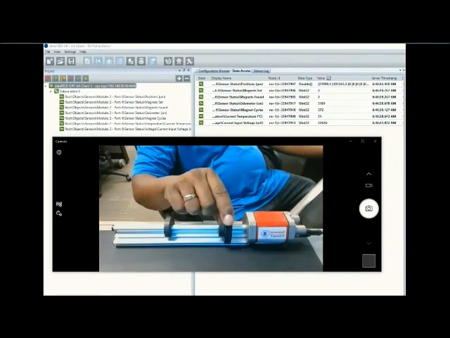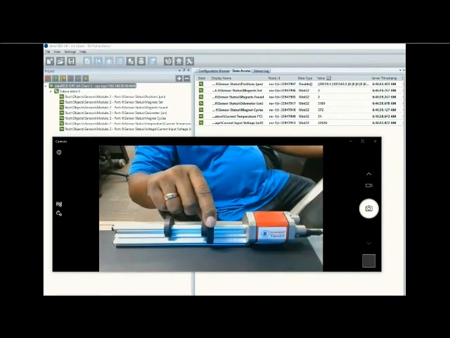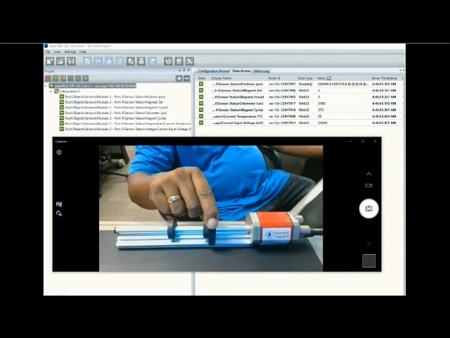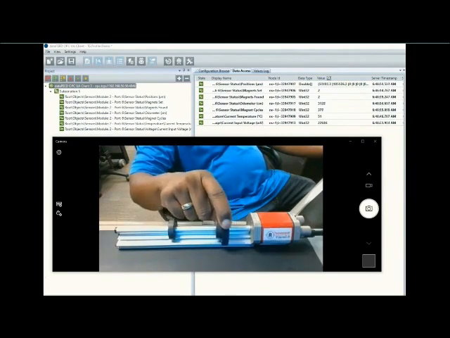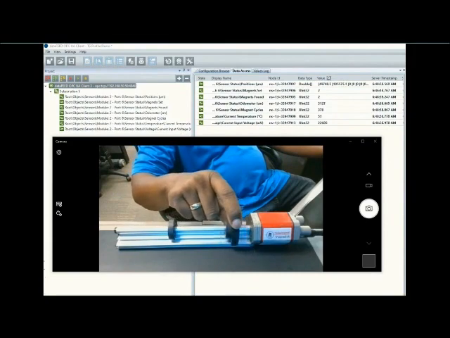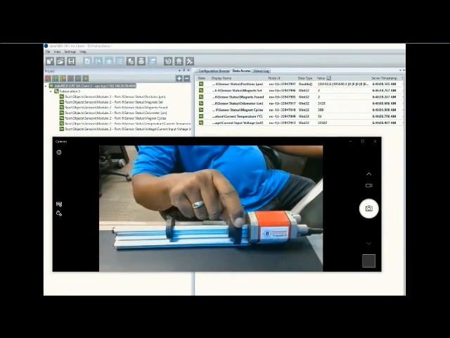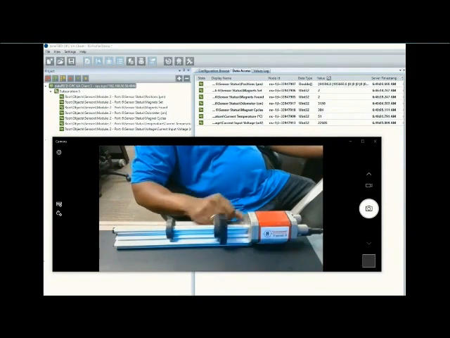And then when I put it back, you can see that there are 2 magnets. Now, I should have been holding this a little bit differently to make it easier. But as I start to reverse the magnet direction, you can see that magnet cycles are increasing. You can also see that the odometer value is increasing as well, which means we're just traveling along with this particular magnet back and forth.